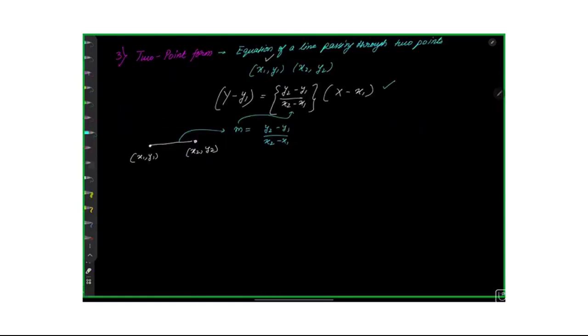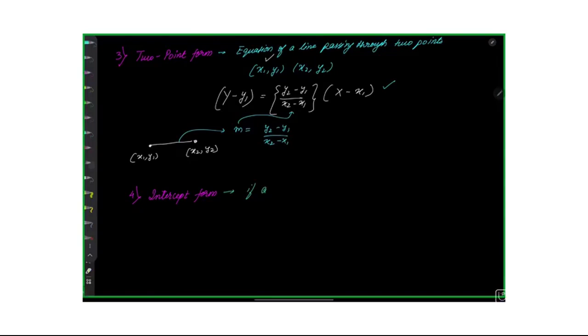The fourth form of a straight line is the intercept form. Intercept form means the intercepts are given to you, and watch me derive it.